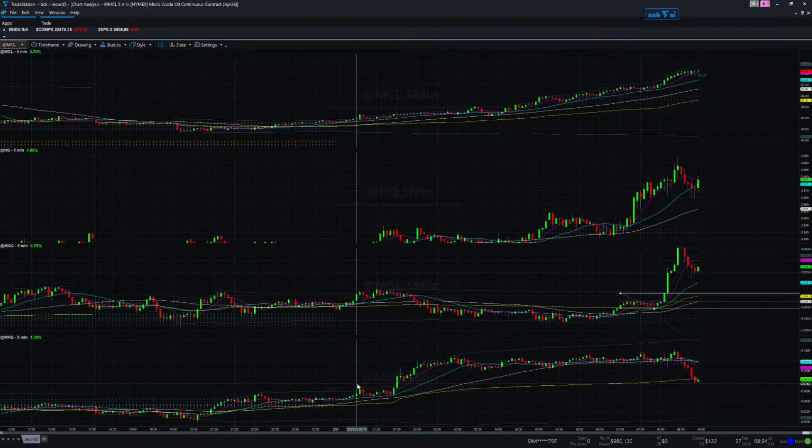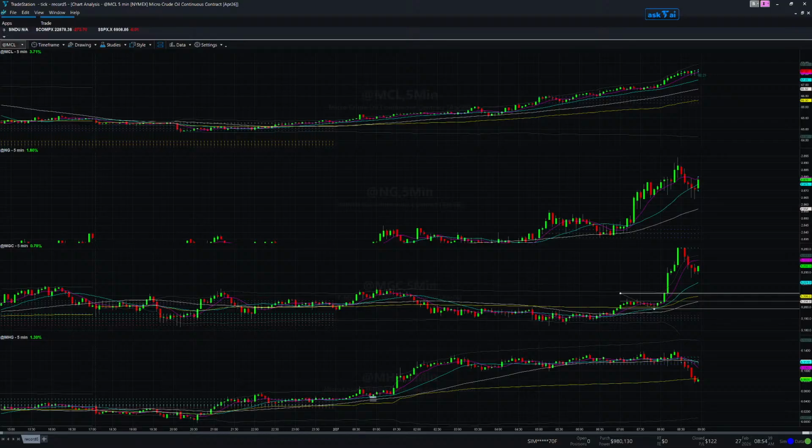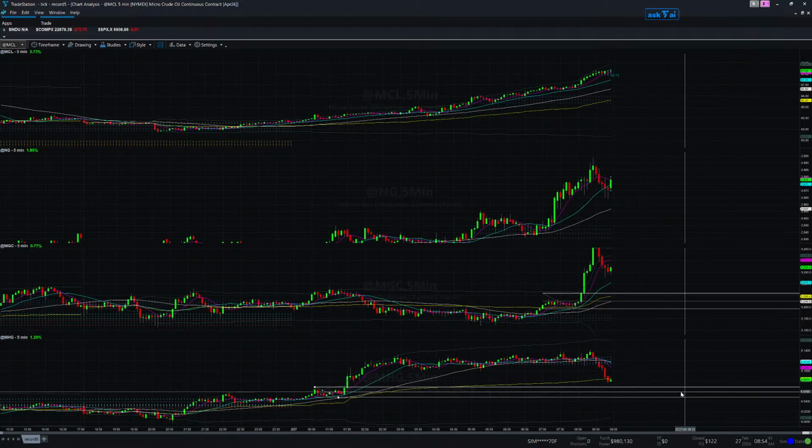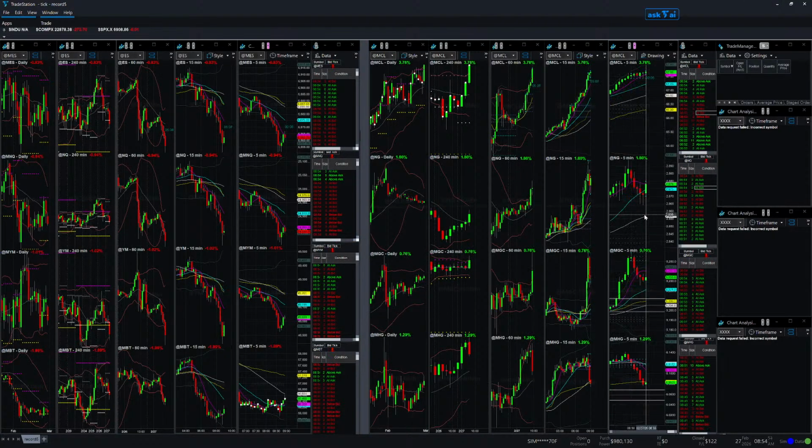Copper is down in an area where there's some support here. I might grab this whole thing here. And it's crossing over VWAP. We said that. Okay. All right.